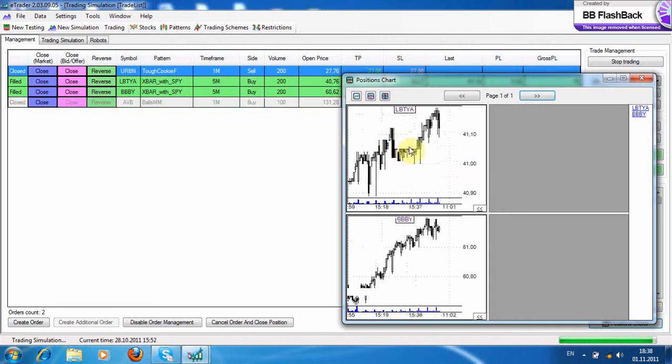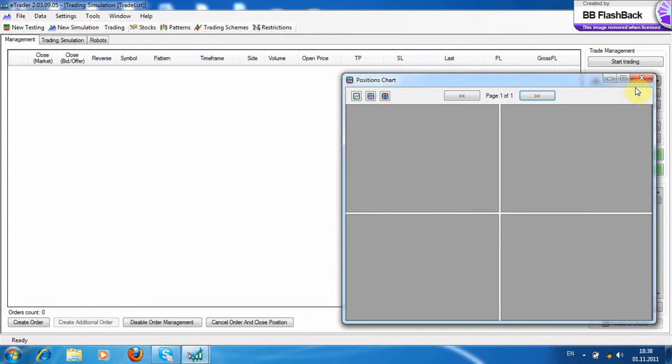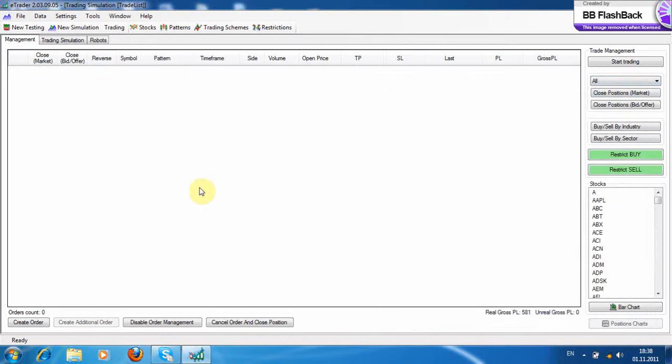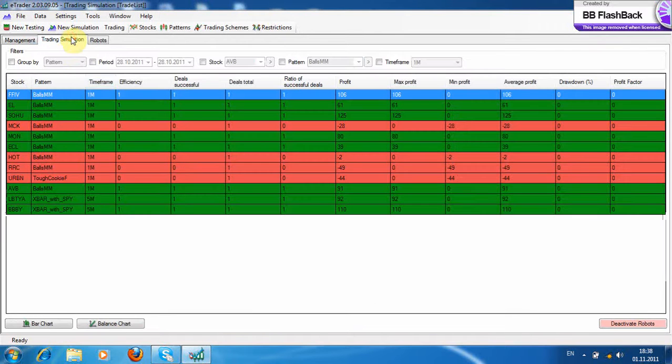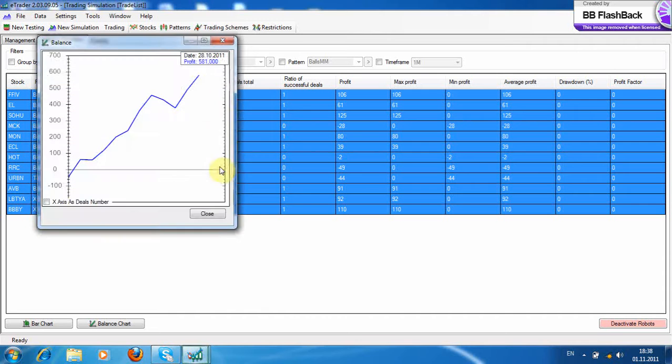See, once our take profit is reached, the result of the trading simulation we would see in a separate window. And we can see the balance chart of our operations.